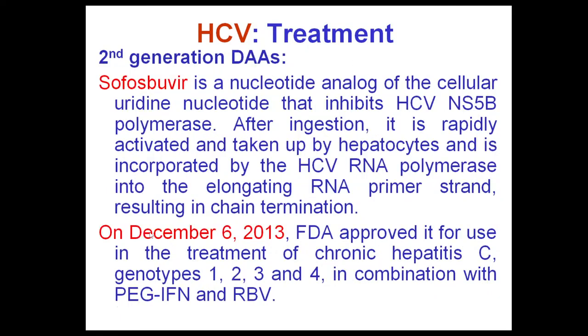The second generation is sofosbuvir, a nucleotide analog of the cellular uridine nucleotide that inhibits the polymerase that makes RNA copies for newly synthesized viruses. We believe that polymerase inhibitors can be very effective in combination with pegylated interferon and ribavirin.